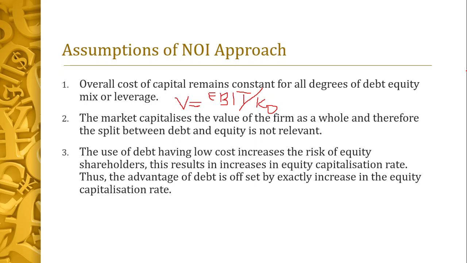And the fourth assumption is, as usual, there is no corporate tax. But what if in the question they give corporate tax? What will you do? There are chances that in the exam they give corporate tax and ask you to do the NOI approach.